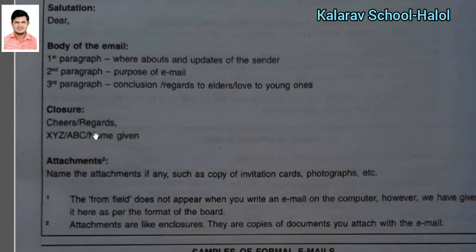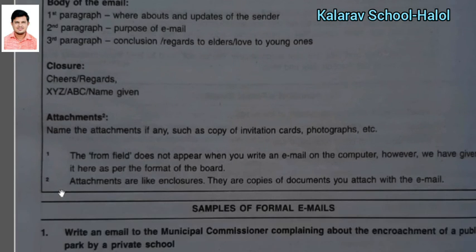Then after the closure, Cheers, Regards, XYZ is the name given in the question. You can mention that name, otherwise you can write XYZ or ABC. Then after that, attachments, name of the attachment, if any. If you are attaching any document, any copy, any invitation card, any photograph, any photocopy, whatever you attach in that email, you have to mention the name of this attachment.